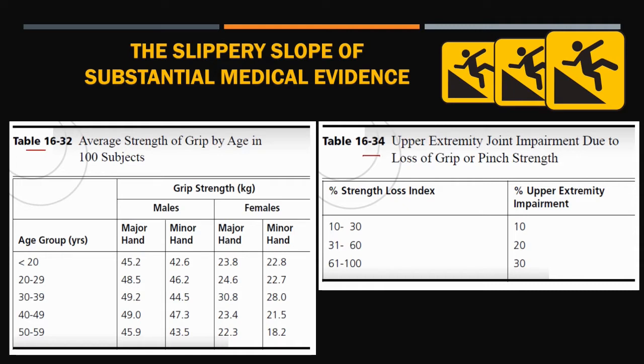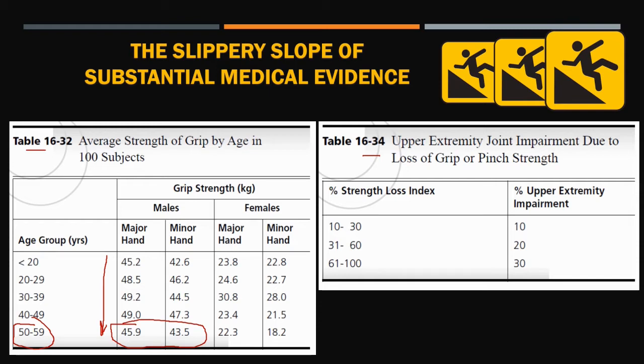You'll notice that the table only includes individuals as high as 59 years of age, whereas Mr. Case was 62 years of age at the time of rating. And the medical evaluator used normal values for younger men, when, according to this chart, there is a progressive loss of strength going through the decades between 20-29 and eventually through 50-59.